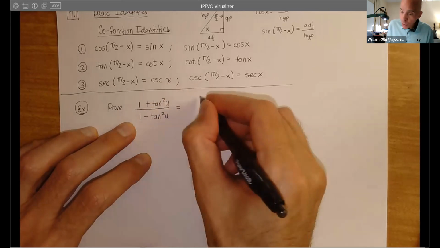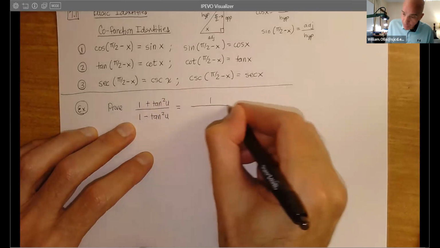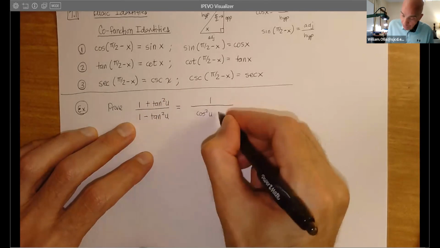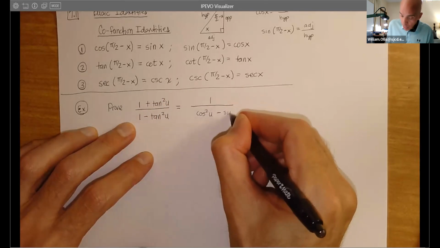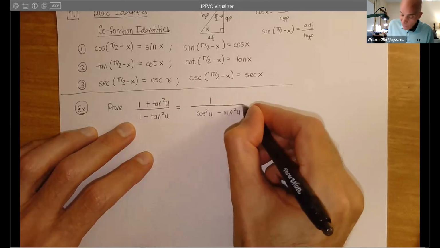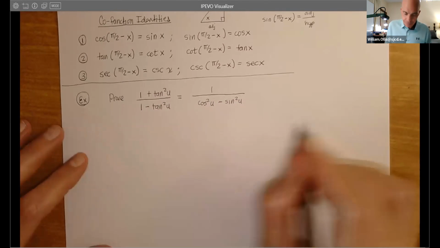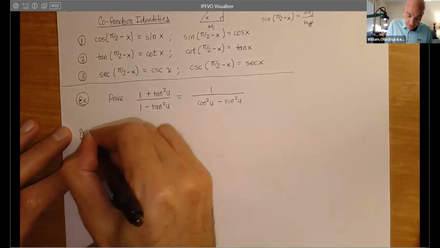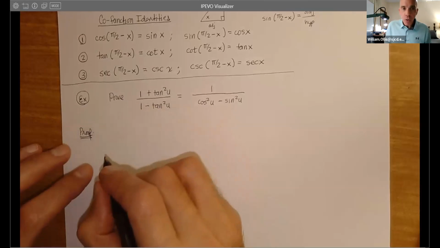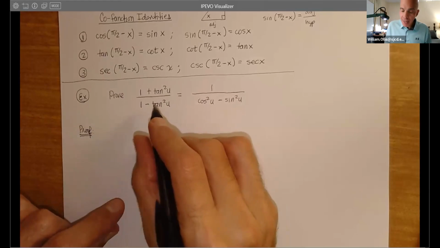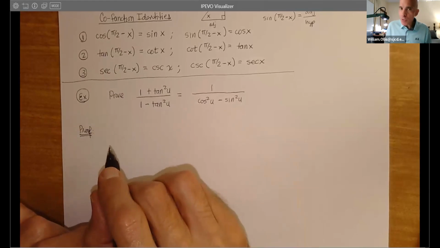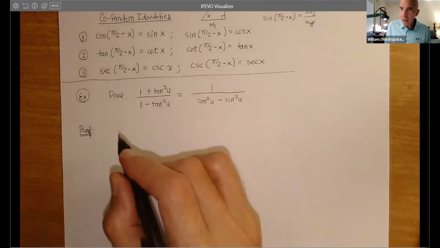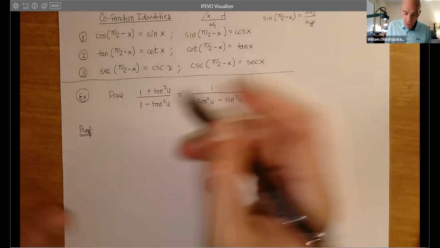This is equal to 1 divided by (cosine squared of u minus sine squared of u). Now this is an identity. So the proof is what you make of it. If you want, you should start with one side and transform it into the other side. So let's just start with the left-hand side. It's not unique, and so what I do is not unique.